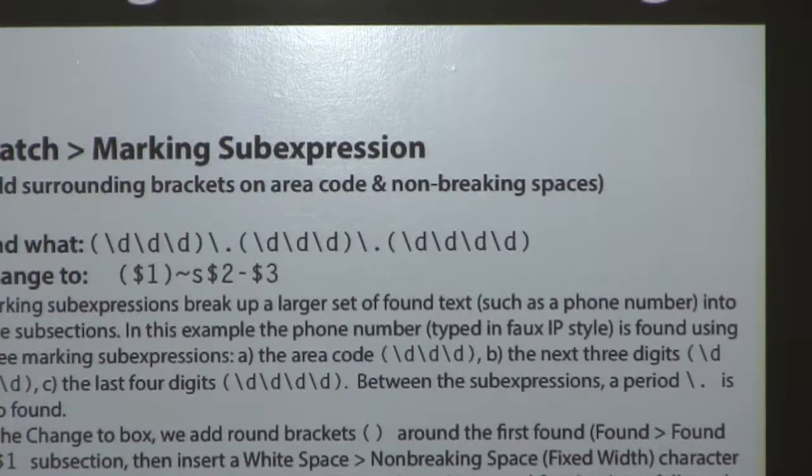All right, here's our first cookbook recipe. Changing the fake IP to the Bell style of phone number.